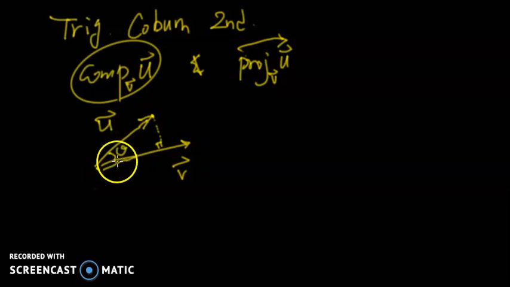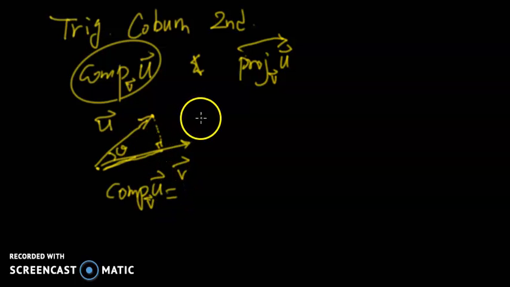So right triangle is formed. So the length of this bottom side of the right triangle, we call component of U vector along V vector. This is a scalar quantity. So how can you find it?